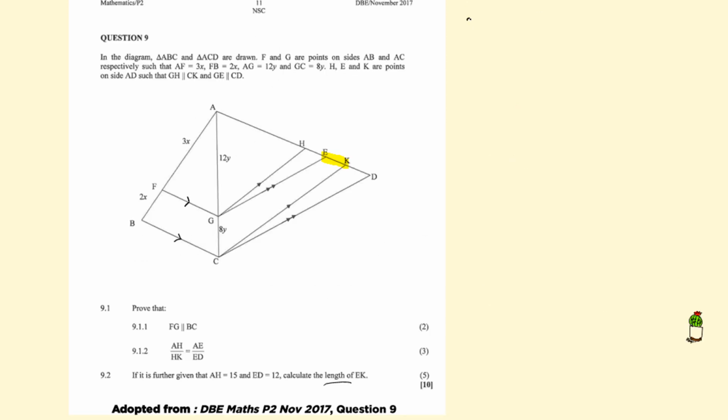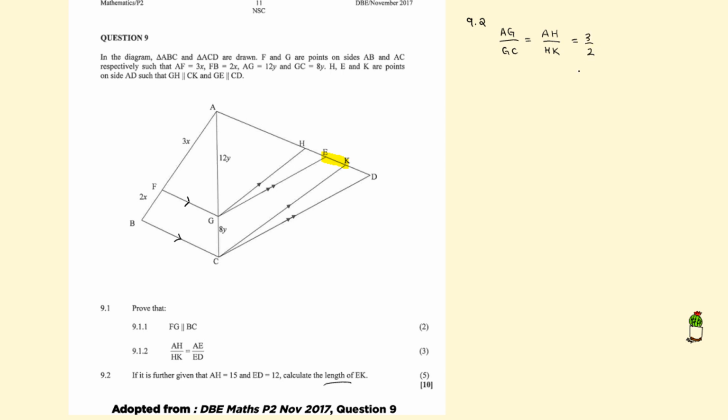In question 9.2, recall we stated above that AG to GC is in the same proportion as AH to HK, right? And this worked out to 3 over 2.